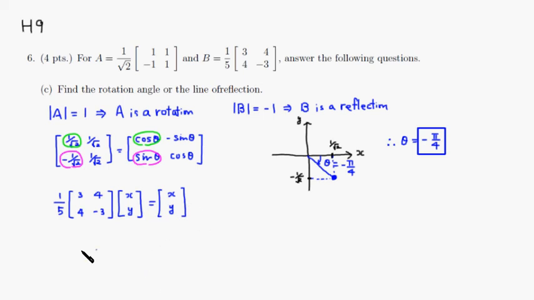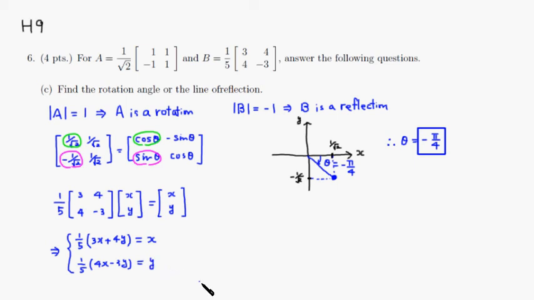And this will give you a couple of equations which turn out to be identical. You can see that 1/5 is in front. First row times column gives 3x plus 4y is equal to x. The second equation turns out to be exactly the same as the first: 4x minus 3y is equal to y.